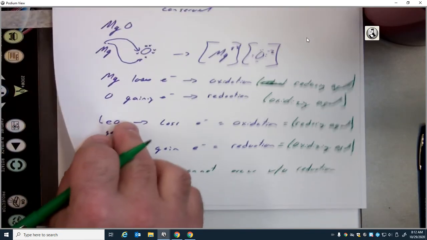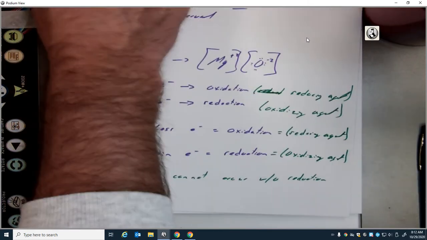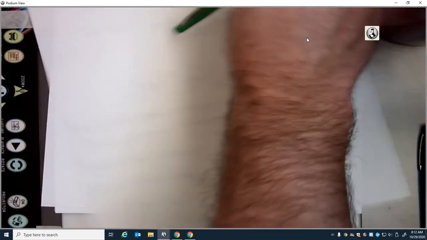So how do we identify if a reaction is a redox reaction? Because not all of them are.